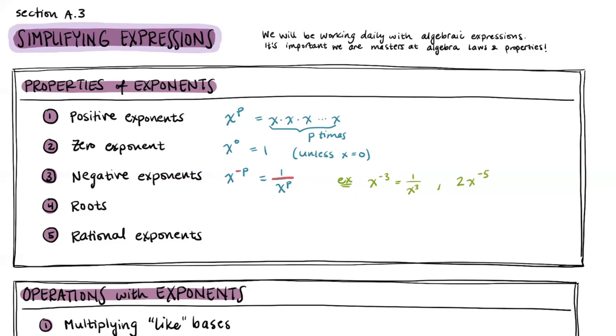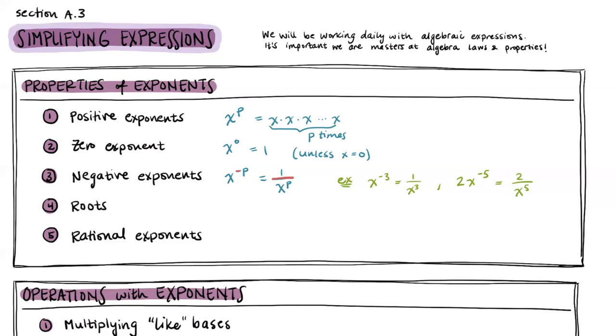It is not applied to the 2. So when this is the case, the 2 does not come down into the denominator. The 2 has to stay up top, kind of like the 1 did in this previous example, where that 1 was understood to be multiplied by the x to the negative 3. So this is 2 over x to the positive 5th, not 1 over 2x to the 5th.